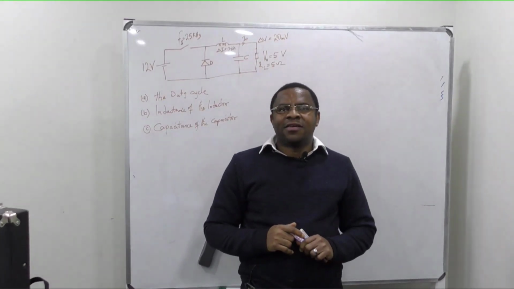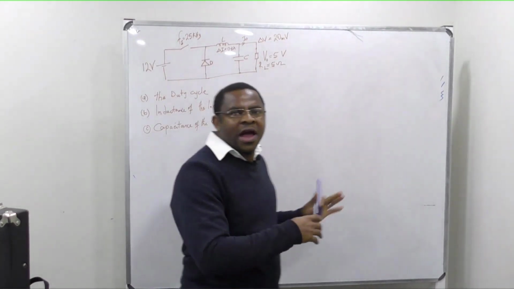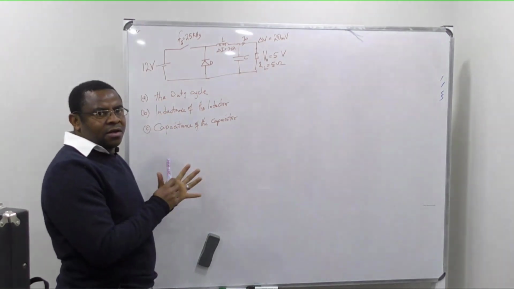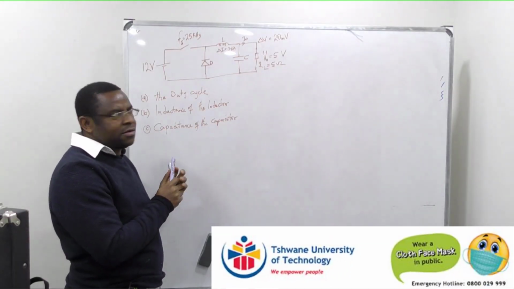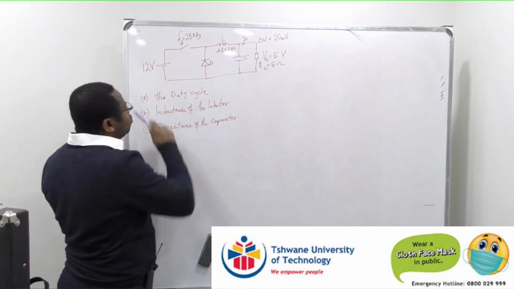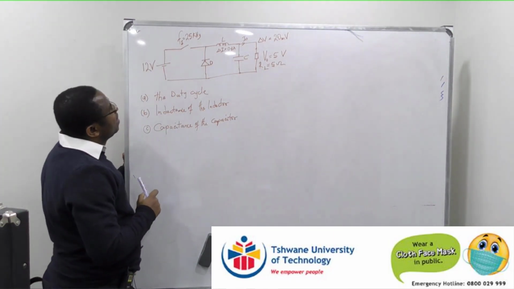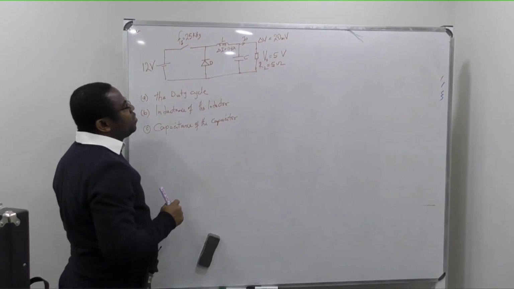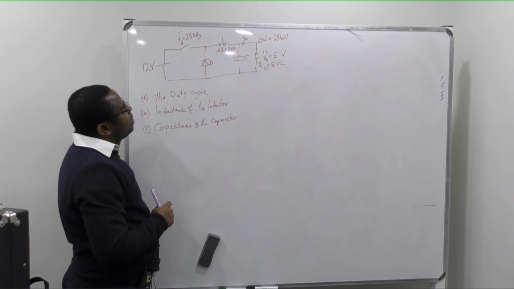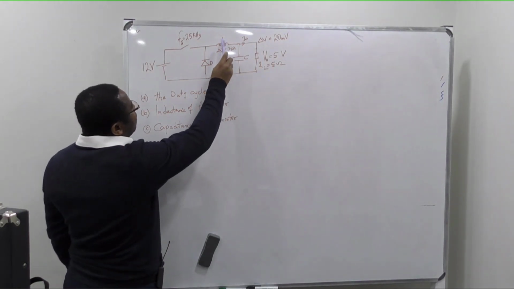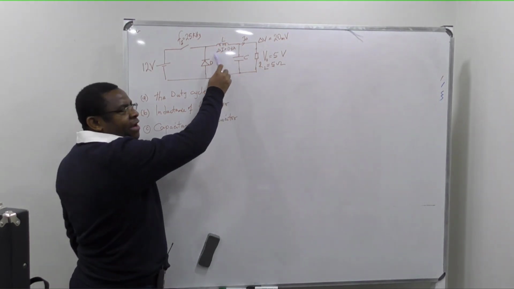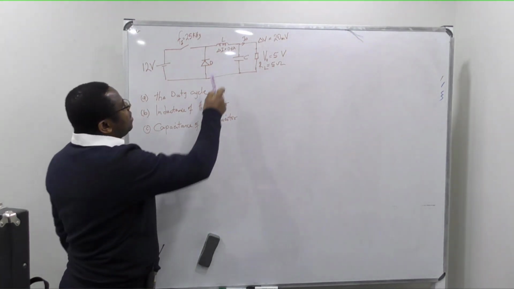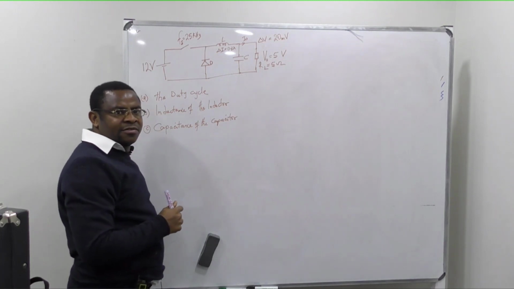Okay, guys. Now, we are going to look at this question. This is a buck regulator with input voltage 12 volts. And that's the switch here, and the switching frequency is 25 kilohertz. All right, we have our diode, then we have the inductor here, and the peak-to-peak ripple current on the inductor is 0.8 amps.